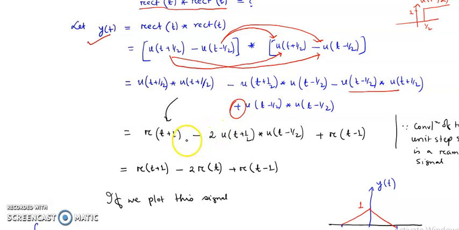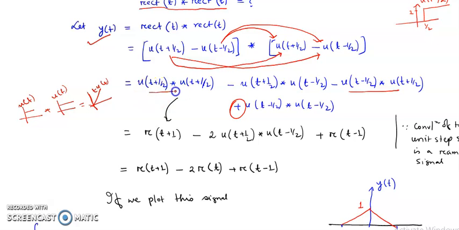Now we know that the convolution of two unit step signals produces a ramp signal. The ramp signal is like this, given as t u(t).